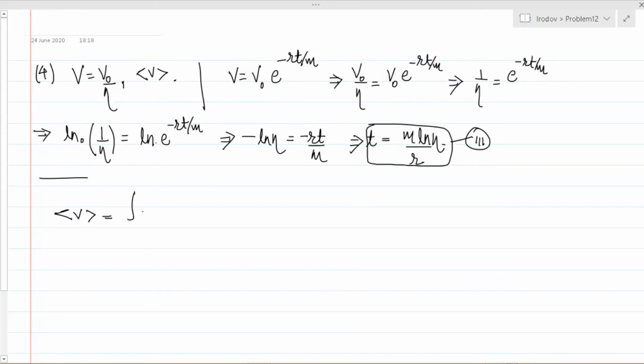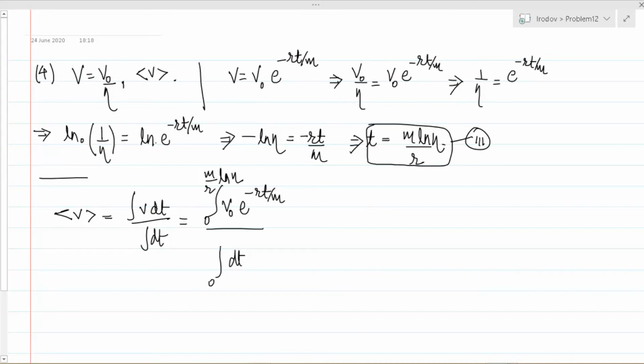Okay, now summation integration v dt divided by summation of dt. So we already know it's v naught e to the power of minus rt divided by m, integration from time equals 0 to a time equal to m by r ln eta, divided by summation of dt from time equal to 0 to a time m by r ln eta.